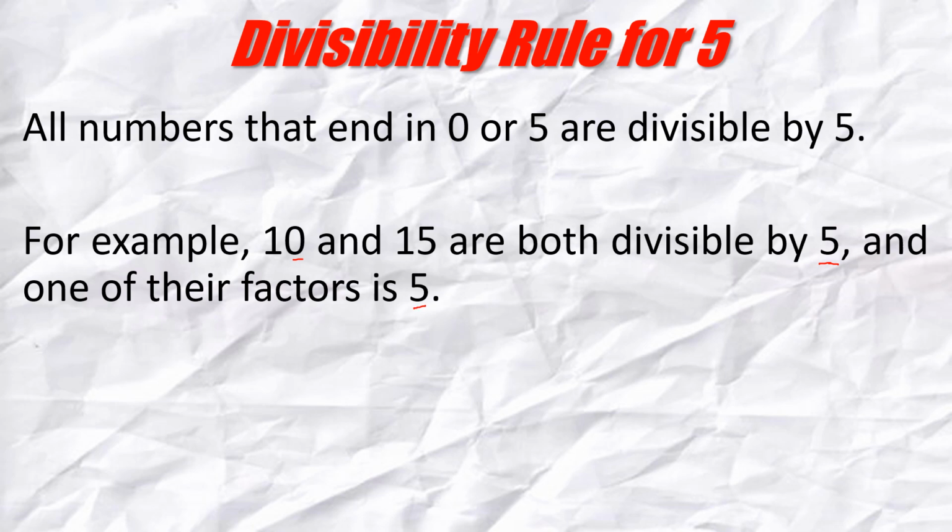The factors of 10 when divided by 5 are 5 times 2 equals 10, and the factors of 15 when divided by 5 are 5 times 3 equals 15. So notice that they have a common factor, which is the number 5.